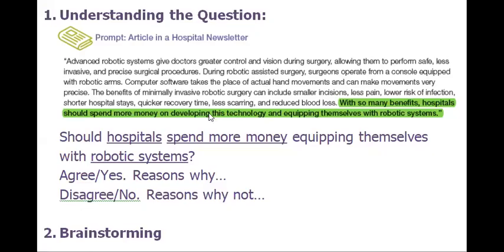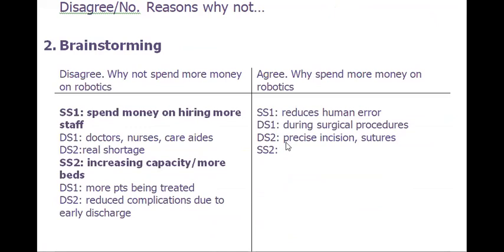So if we focus on surgery, let's take one of the ideas they gave us here. Let's say quicker recovery time as one of our main points for agree. Here we go. And for developing sentence 1, you could explain why it's quicker recovery time because it's less invasive.